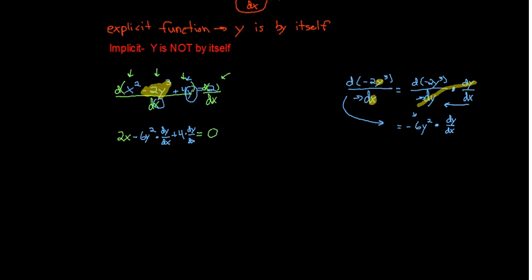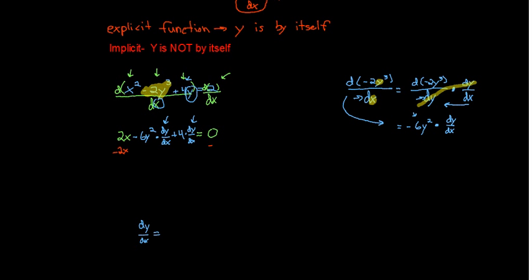So I've just taken the derivative implicitly, and now I'm going to do some simplifying. I want to get dy over dx by itself. That is my derivative. So I have to get these two terms by themselves. So do a little algebra here. Subtract 2x from both sides.